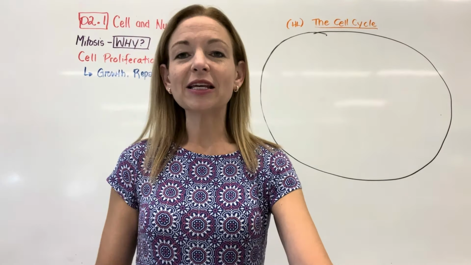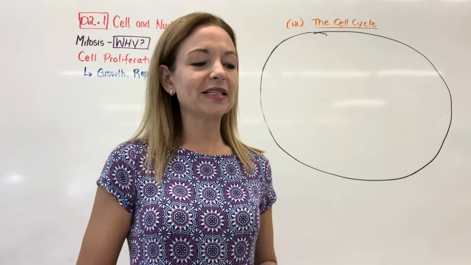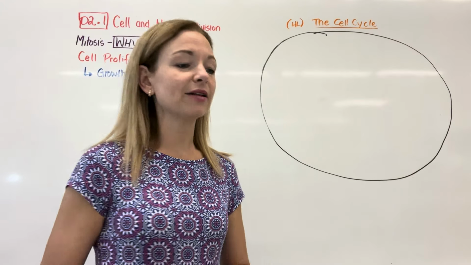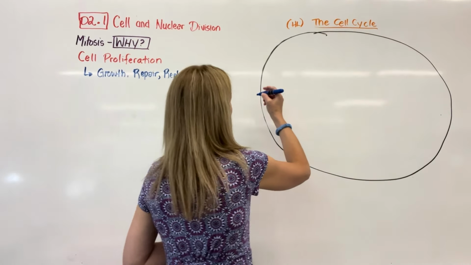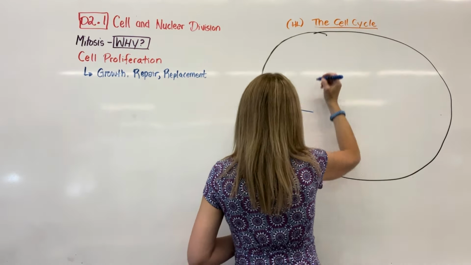Okay, so first thing we're going to do is divide the cell cycle into two main stages. The actual cell division stages are a pretty small piece of it. I'm not going to quite draw it to scale, because if I did, it would be too small to fit all the stages in. So this is M, where actual cell division is occurring.